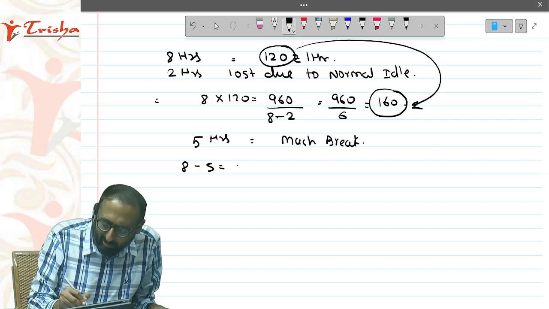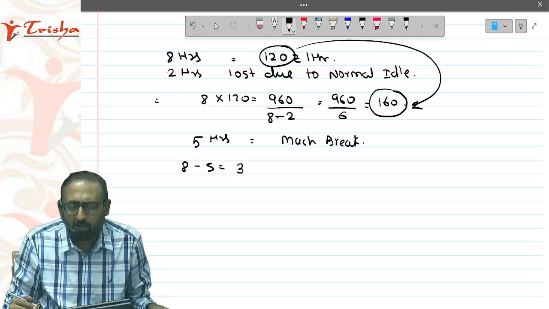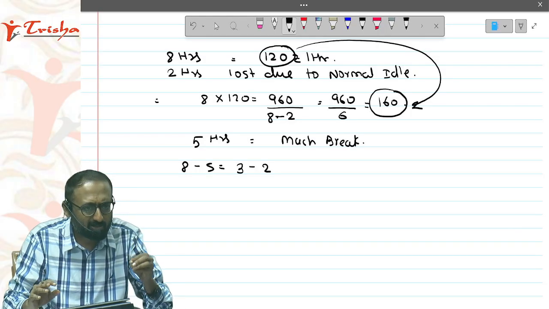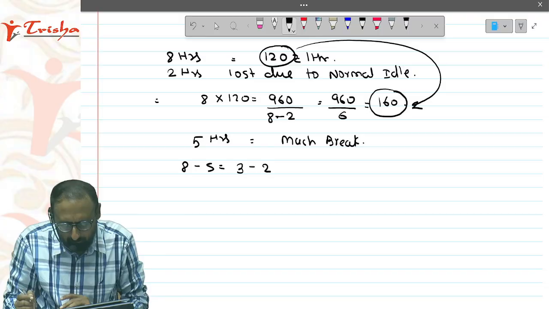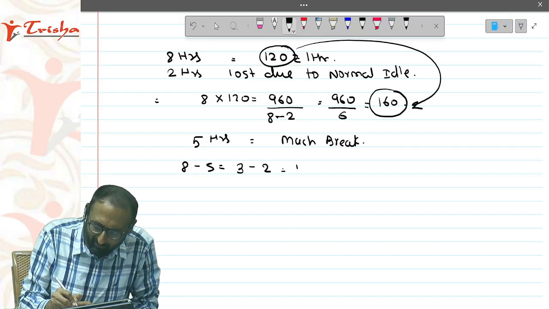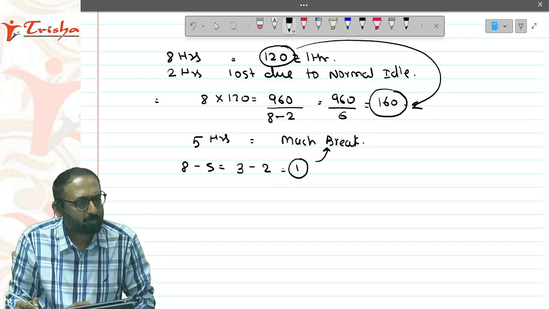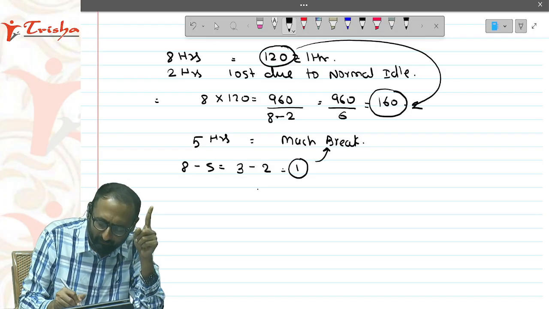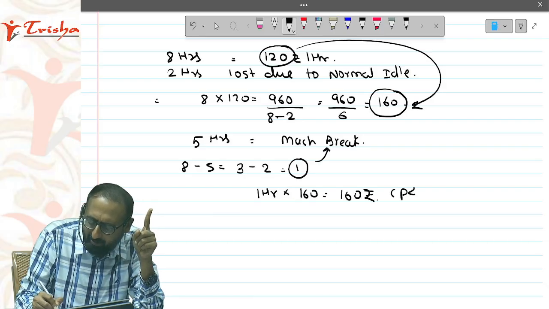So the total idle time is 3 hours. Out of the total idle time, 2 hours is normal idle time: lunch break, tea break, coffee break, refreshment break, setup time and all that. So 1 hour is lost due to an abnormal reason, that is machine breakdown. Any abnormal idle time is transferred to costing P&L. So 1 hour multiplied by 160, that is 160 rupees, will be transferred to costing profit and loss account.